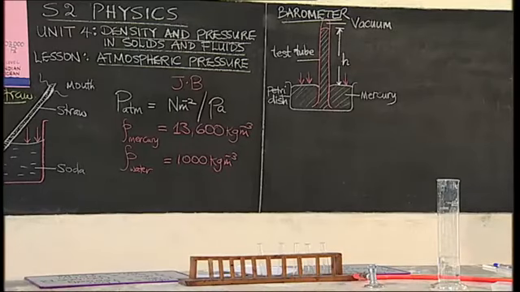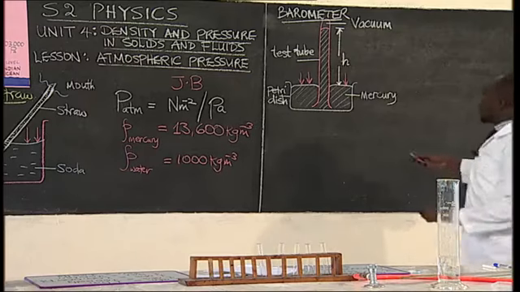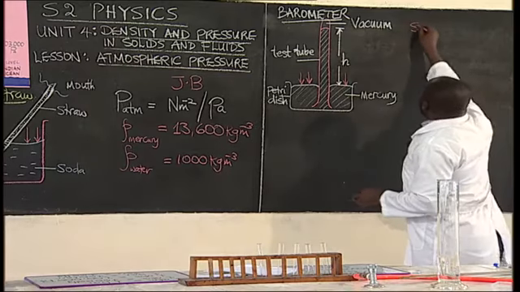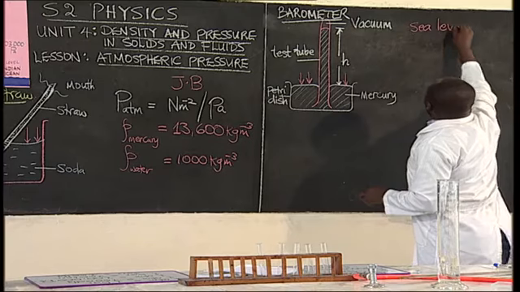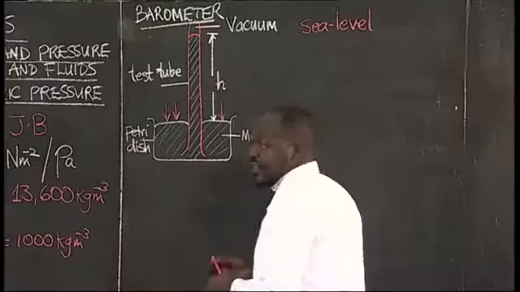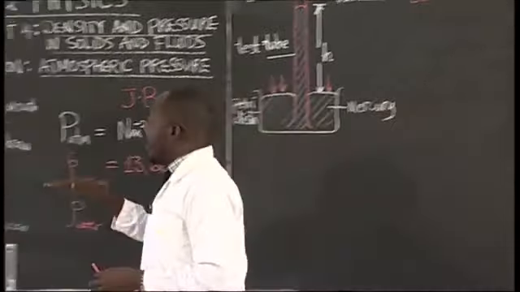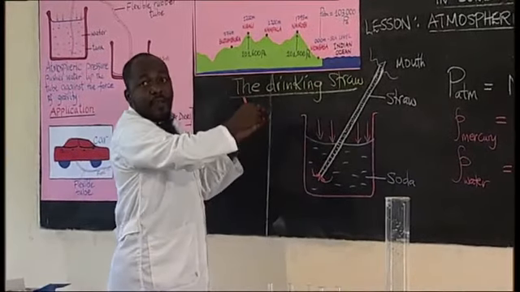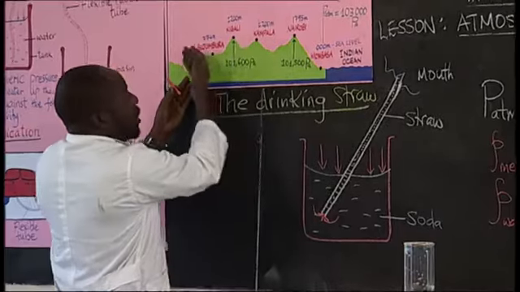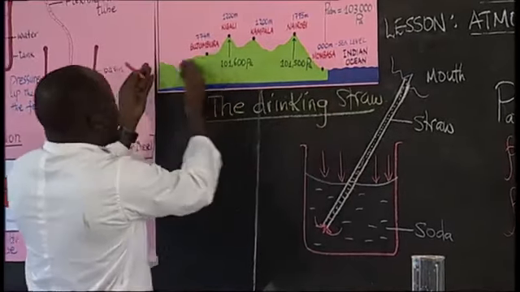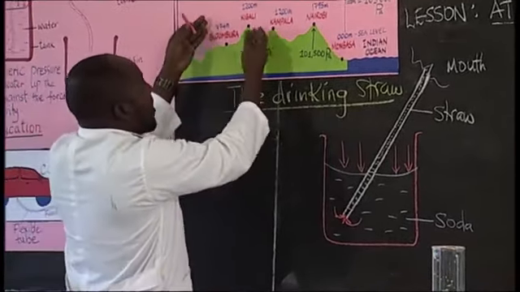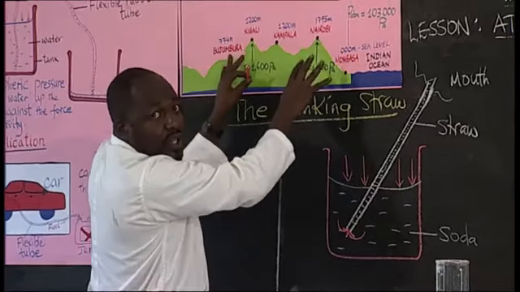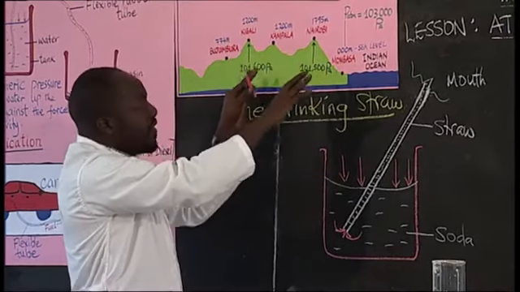So if you do that for this experiment, and the experiment is done at sea level. When I say it is done at sea level, it means it is done at the level of the sea. Like, you see this diagram here? This is like a cross-section from the ocean to inland. And I've put some cities here that we shall talk about very briefly, maybe in 1 or 2 minutes.